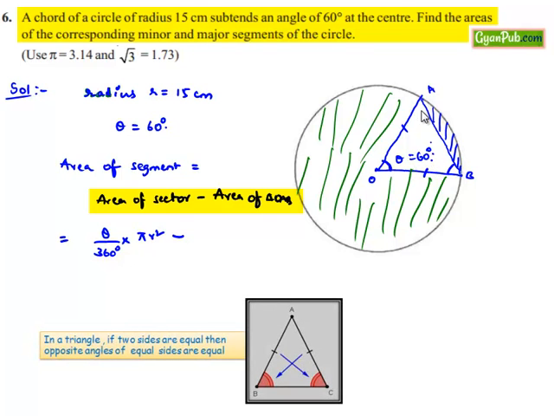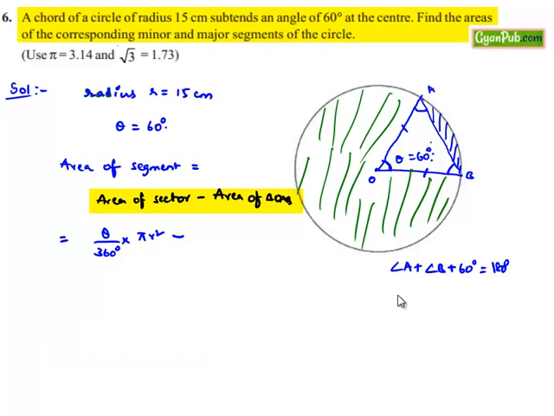As angle A equals angle B, angle A plus angle B plus angle O, that is 60 degrees, will be equal to 180 degrees, as the sum of angles in a triangle is 180 degrees. Since angles opposite to equal sides are equal, substitute A and B by x, and x plus x is 2x, which is equal to 180 minus 60, that is 120 degrees.